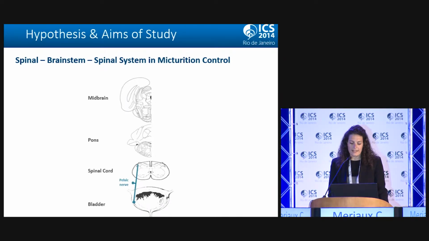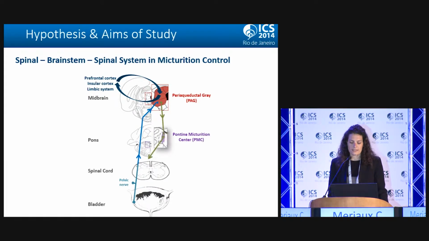So on one hand, the periaqueductal gray will receive the sensory information from the bladder, and on the other hand, the periaqueductal gray will communicate with the higher areas of the brain. When the processing of all this information is done, the periaqueductal gray will stimulate the pontine micturition center, and via the different nerves will control the micturition process.